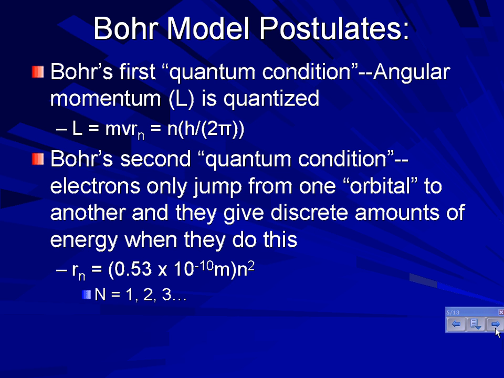That is the first explanation we had for why gases give off very specific spectral lines, because the electron's jumping up and down between their orbitals, and it basically allows us to suddenly calculate the radius of those orbitals and do some math in that situation.